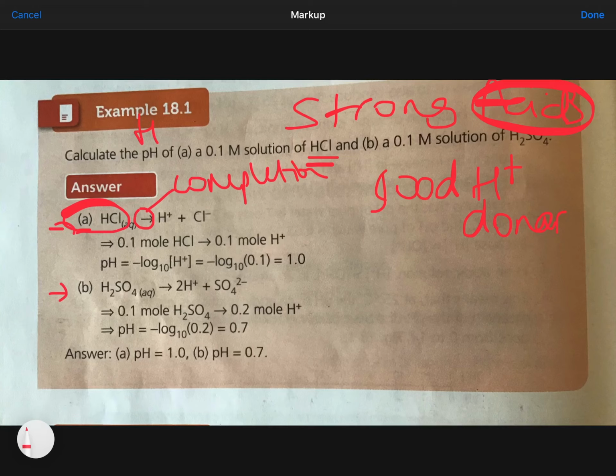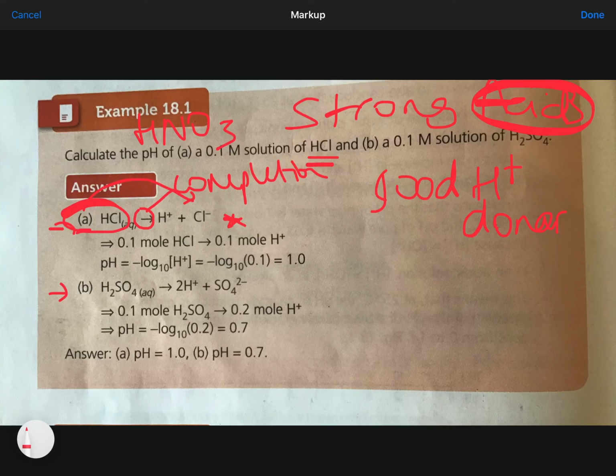Nitric acid, HNO3, would be another example of a strong acid that you would have learnt about in chapter 12, okay? So look for the arrow going to completion. Strong acids will completely dissociate, 99.9% dissociation. So the equilibrium lies very much over here to the right-hand side. Nearly all of the molecules dissociate to give you H plus and Cl minus.